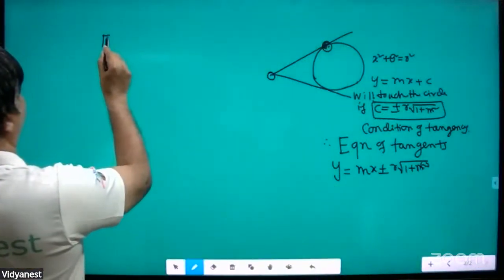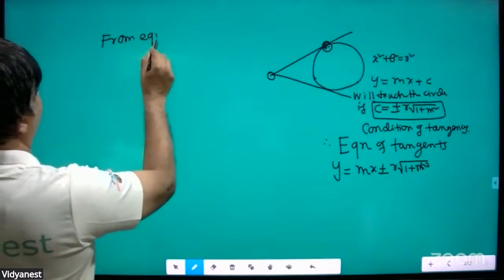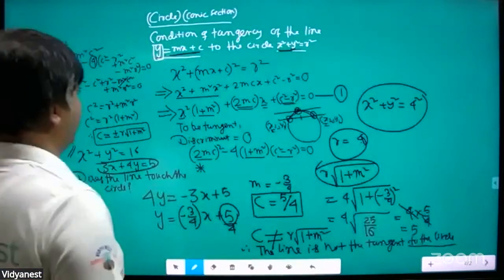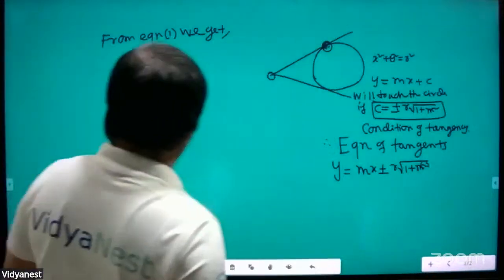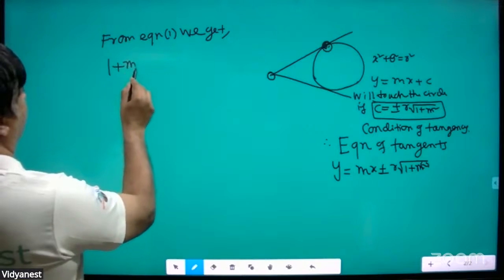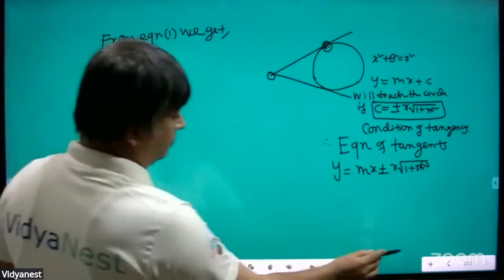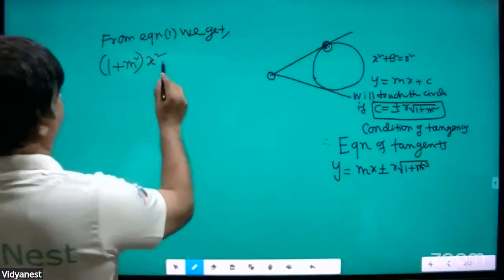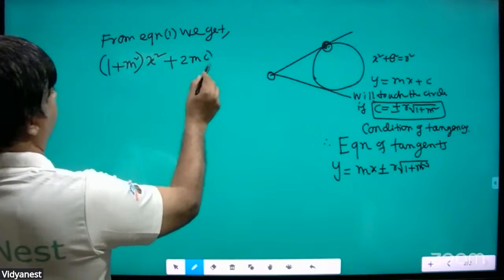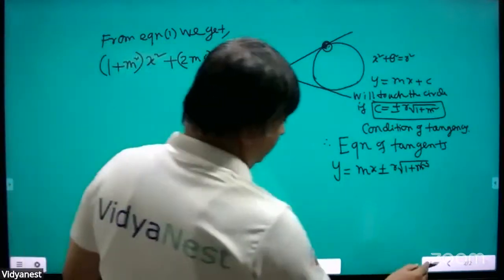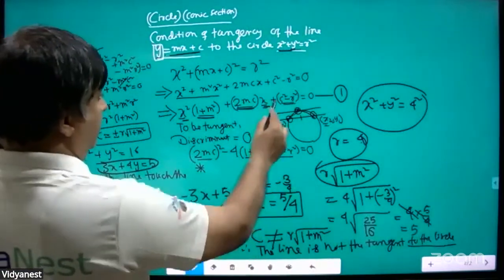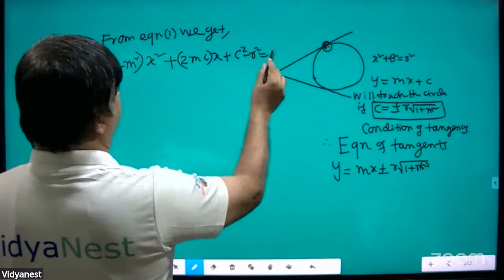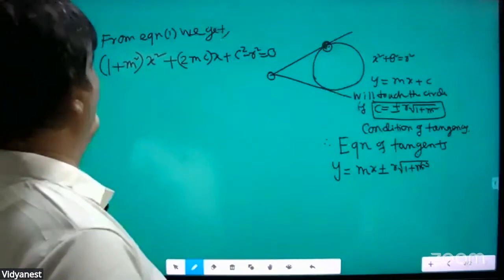From equation 1 we get what? (1 plus m square) x square plus 2mcx plus c. This is the equation few minutes back we got. याद है तो?